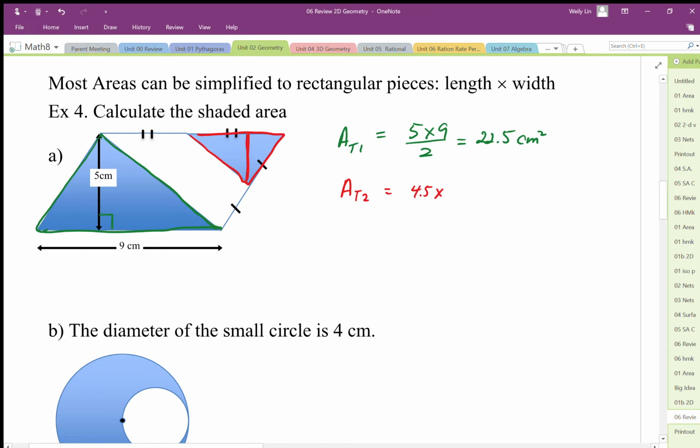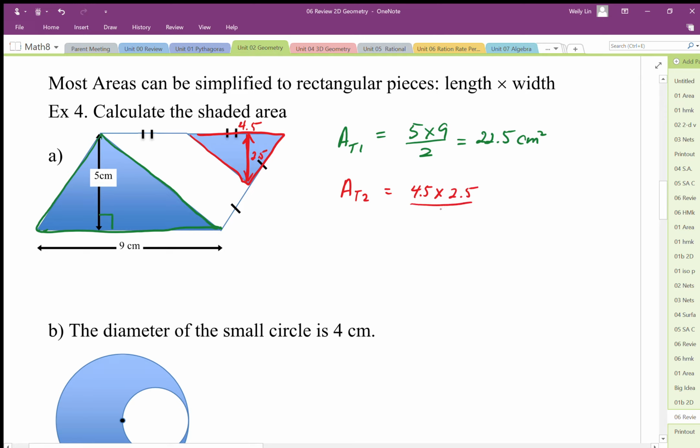This is where we have to use some similarity. This red triangle is half of the length this way in the same shape, so it should be half the length along the diagonal and also half the length along the vertical. So this will be 4.5 here. This length here is going to work out to be 2.5 centimeters.